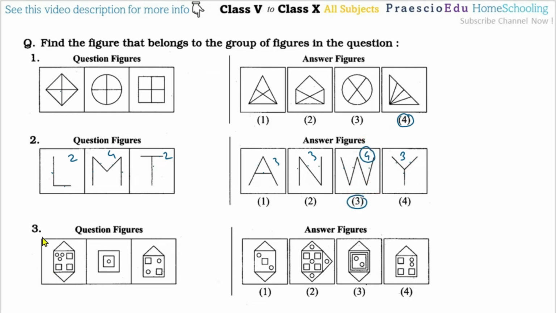Then question number 3. If you count the number of triangles, there are 2, the number of circles is 3, and the number of squares is 1 2 3 4. So the triangle count plus 1 gives the circle count, and plus 1 gives the square count.